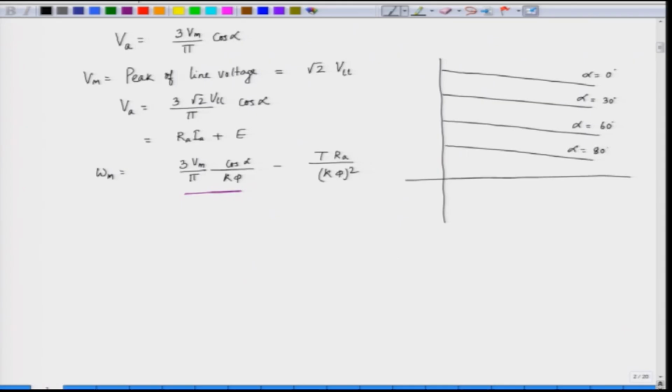For alpha 90 degree, assuming continuous current conduction, the no load speed is equal to 0. Here omega m is on the y axis and torque on the x axis.